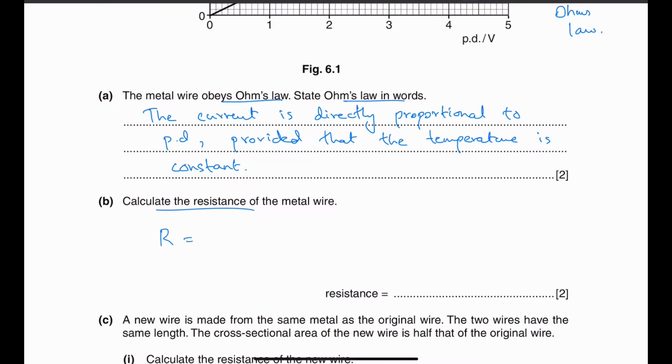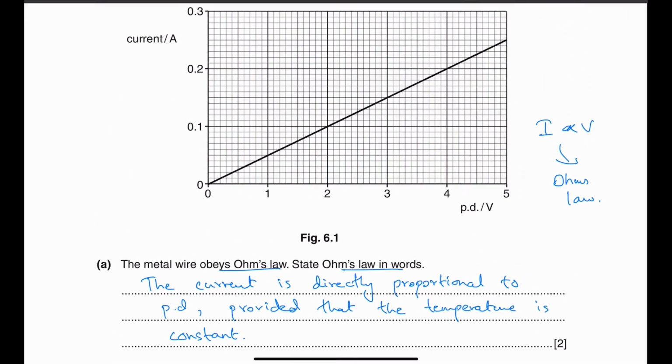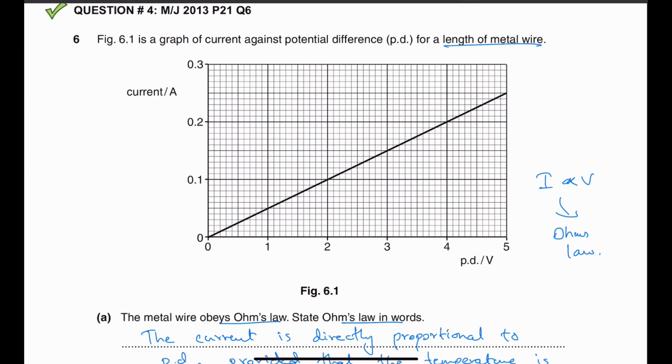Now in part B we have to calculate the resistance of the metal wire. Now what is resistance? It is V over I, and both of these values are available from the graph. Let's take a look. And since the gradient of this graph is constant, the resistance is also constant throughout. We don't have to find the resistance at a specific value. You can just pick any value that you like.